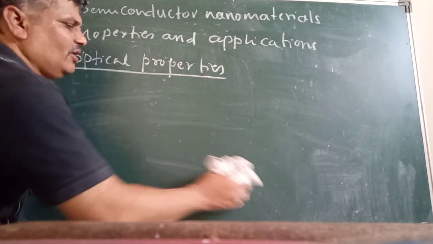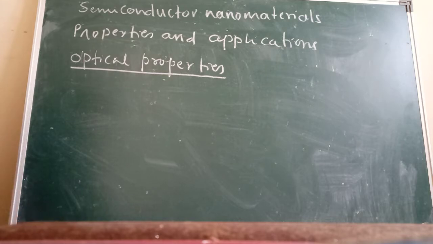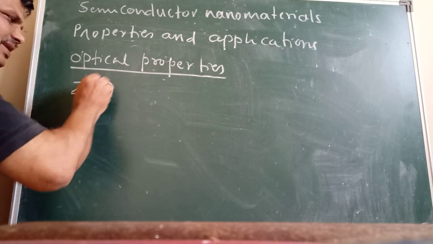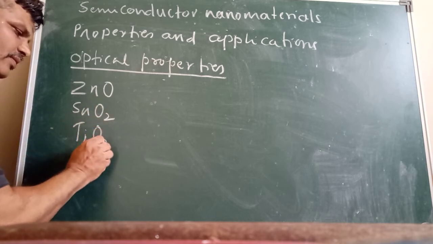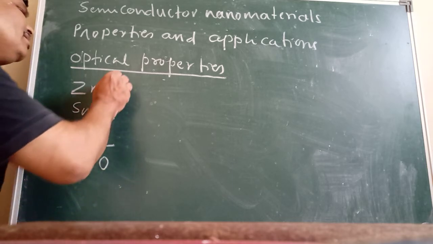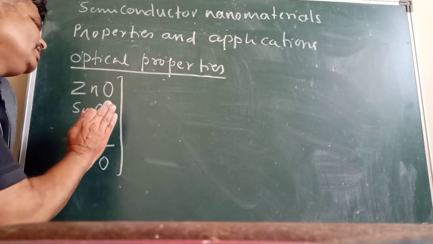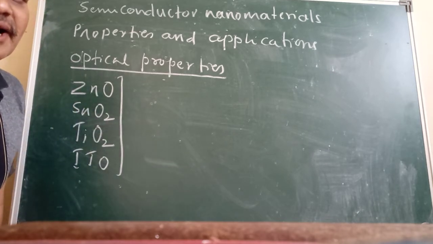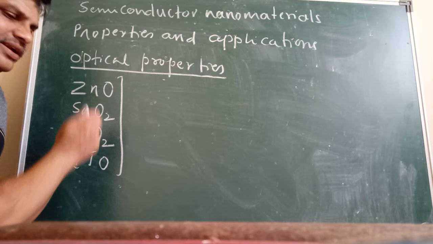There are some nanomaterials called transparent conducting oxides, TCOs, for example zinc oxide, SnO2, TiO2, and indium tin oxide, ITO. In this case, all visible light is transmitted, and they absorb only the ultraviolet. For that reason, these are all transparent.